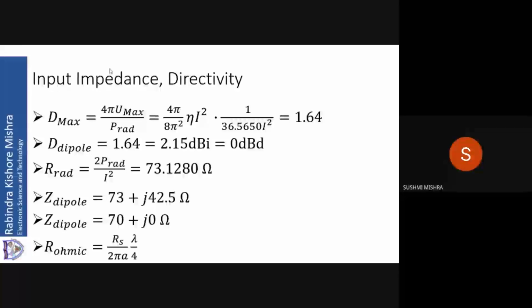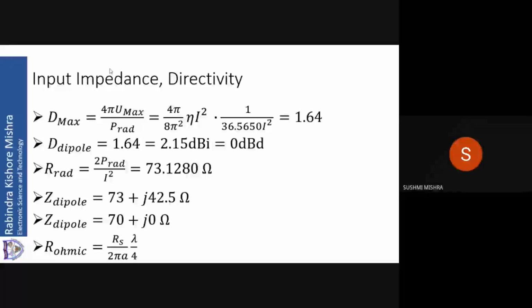What we are leaving out is the fact that the dipole that we are using or constructing is made up of a conductor. Each conductor has an ohmic part, resistance because of ohmic resistance. So there will be an ohmic resistance associated with it.